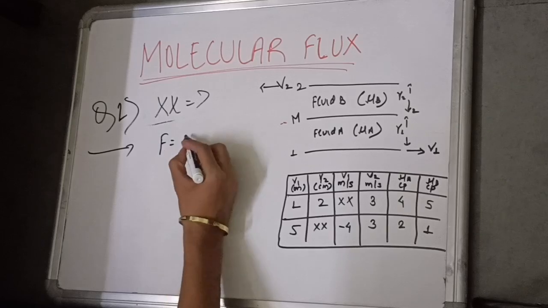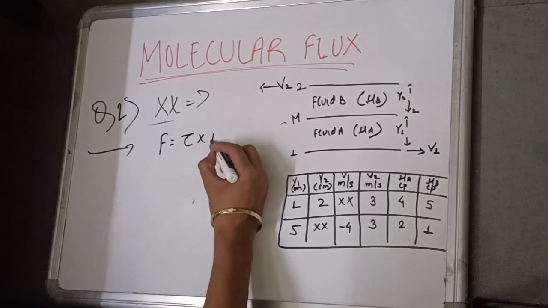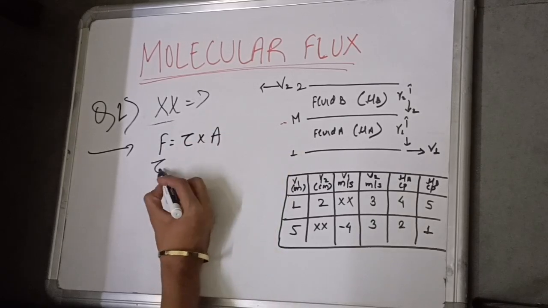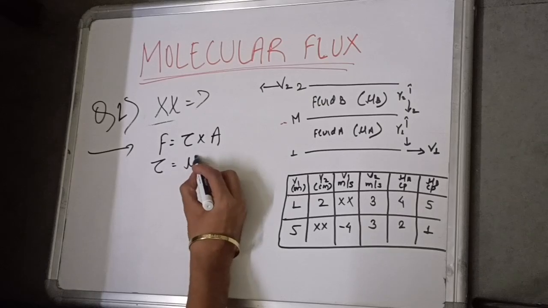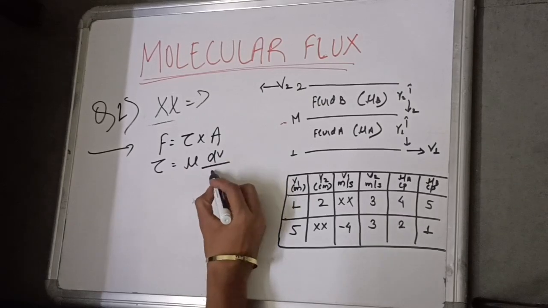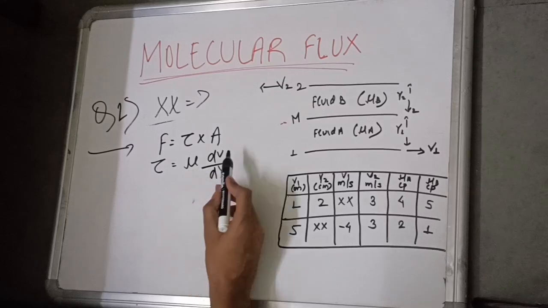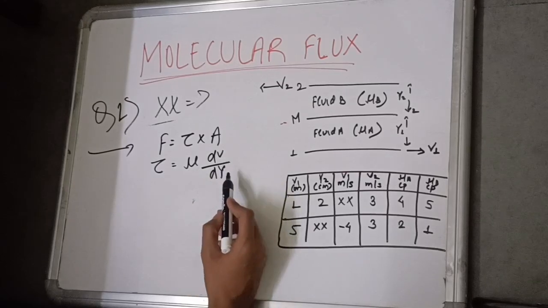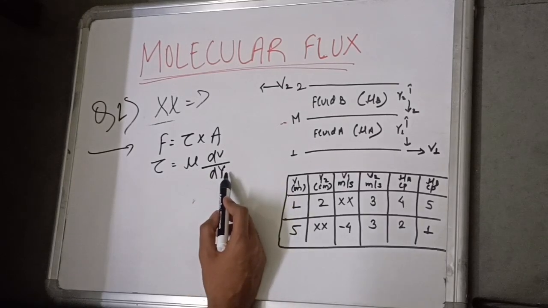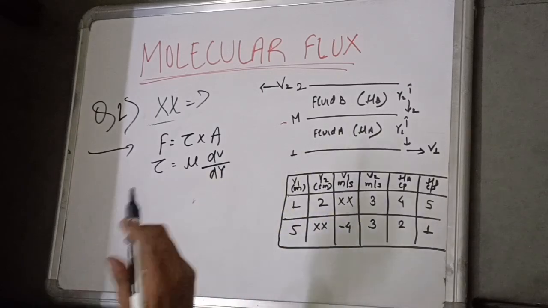we get force equals tau into area. From Newton's law, mu equals tau over dV by dy. Here mu is the viscosity of the fluid, V is the speed of the plate, and y is the distance between the two plates.